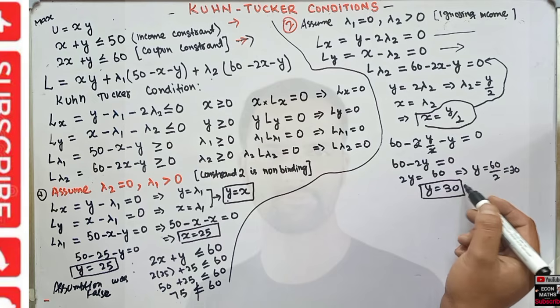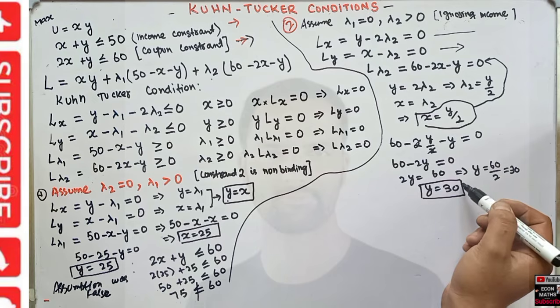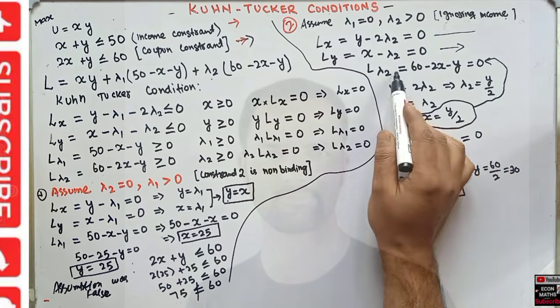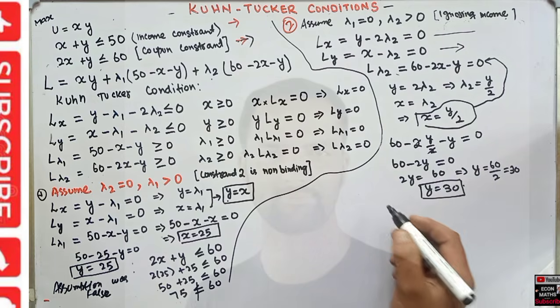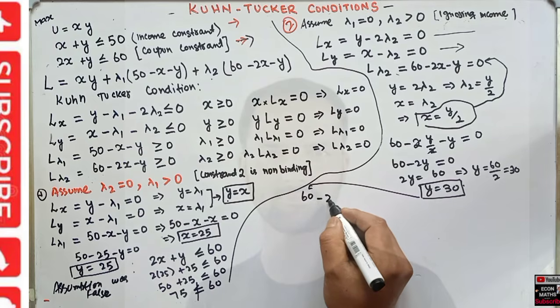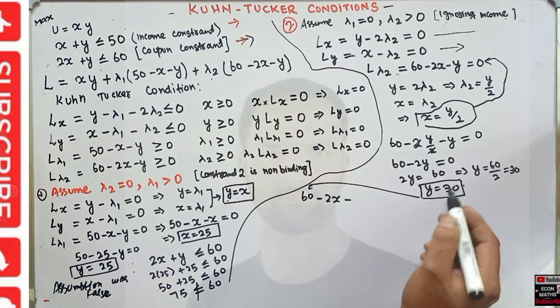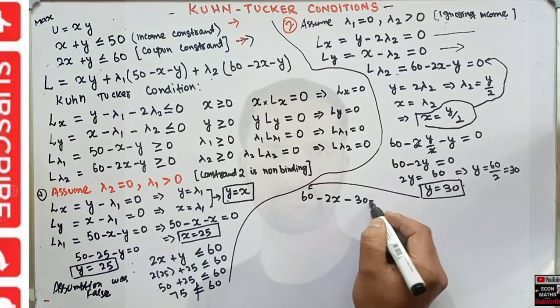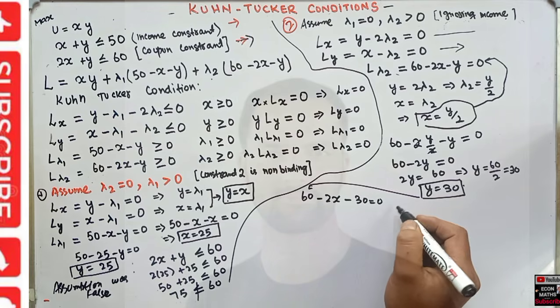If we got y is equal to 30, we just need to plug y is equal to 30 back into this equation. So we have 60 minus 2x minus, in place of y we have 30, is equal to 0, so 60 minus 30 is 30.